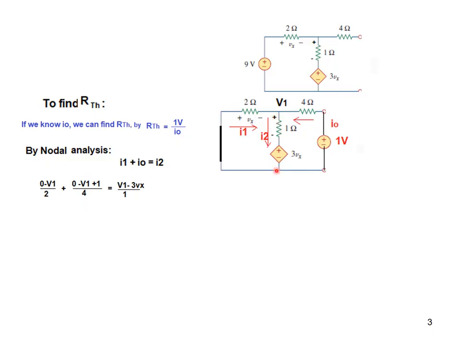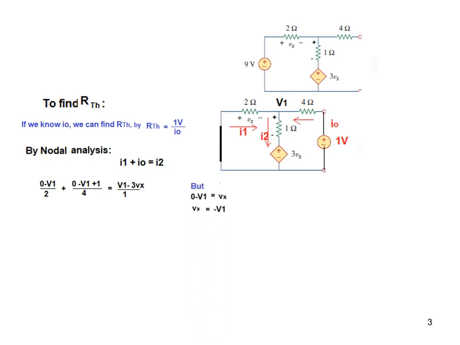And this one now is V1 minus 0, and again we have a source. Now this source direction is upwards, whereas our current I2 is downwards. Therefore now we'll use a minus sign for 3Vx, so minus 3Vx divided by 1 ohm resistance.